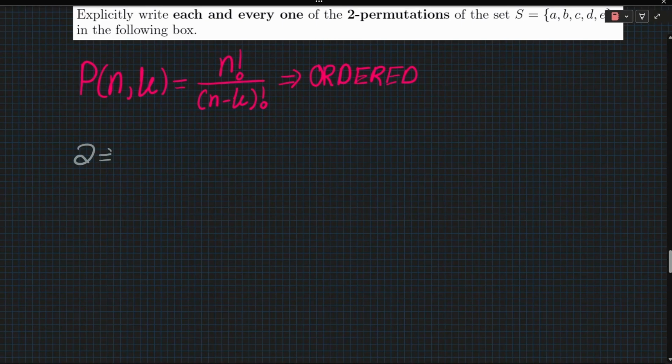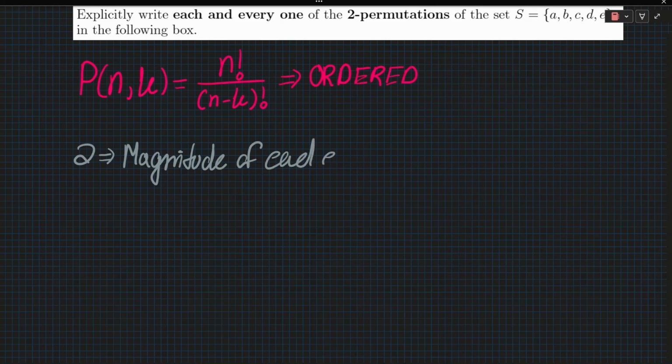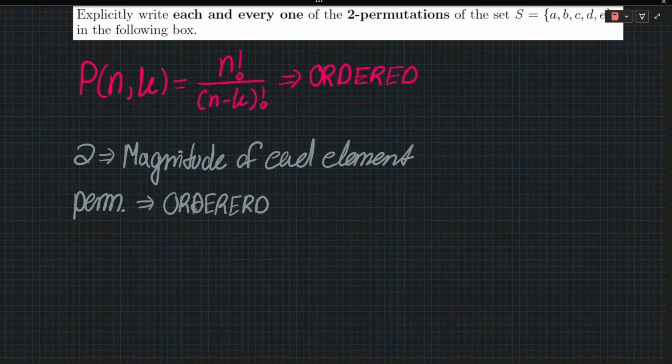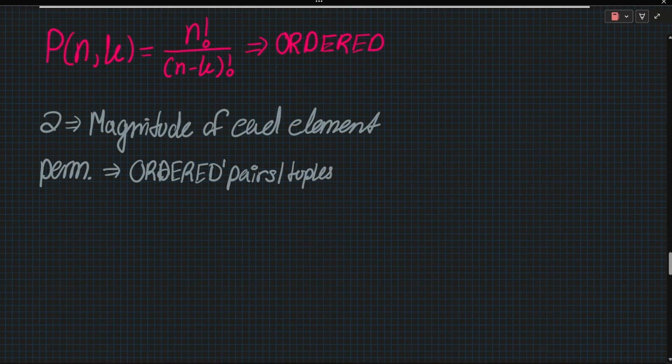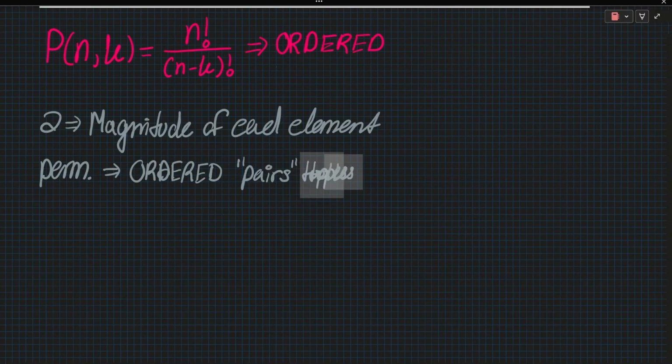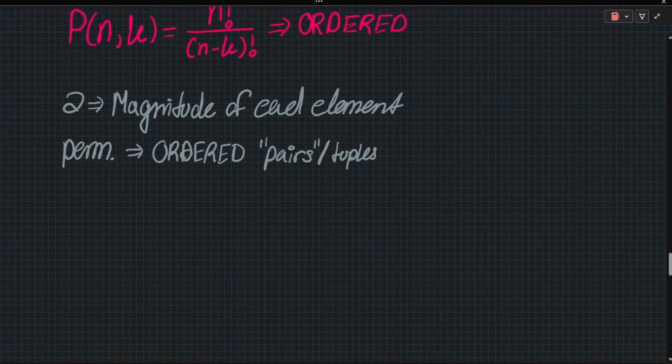We're saying that the 2 corresponds to the magnitude of each element that we create, and the permutation part of the question tells us that we are creating ordered pairs, or in other words, ordered tuples. When a tuple is of size 2, it's a pair, as any tuple of size 2 is a pair.